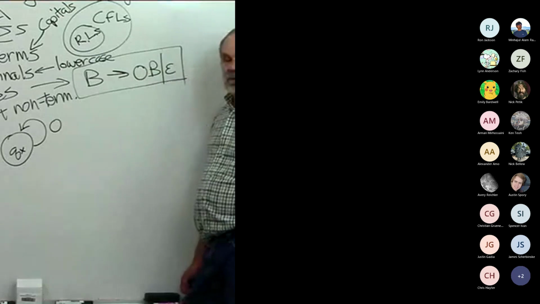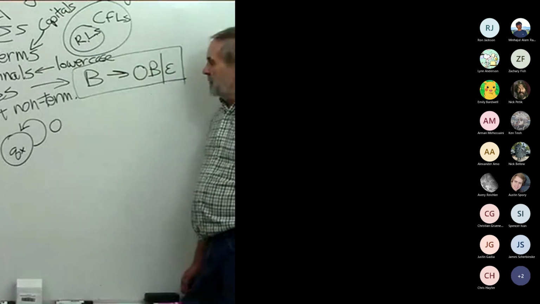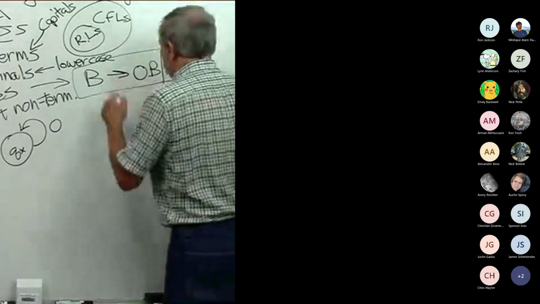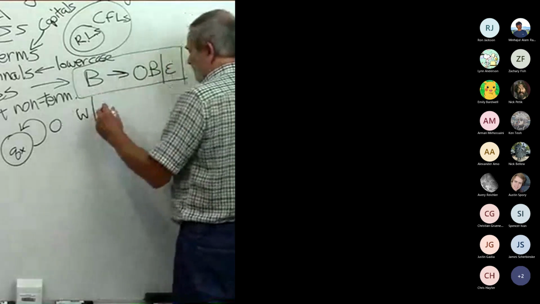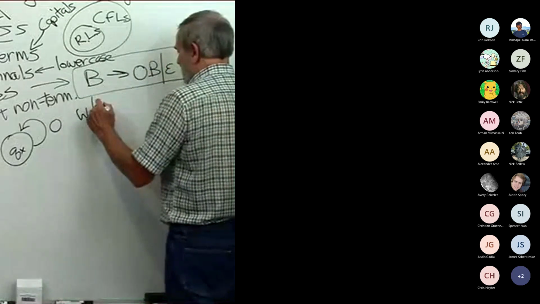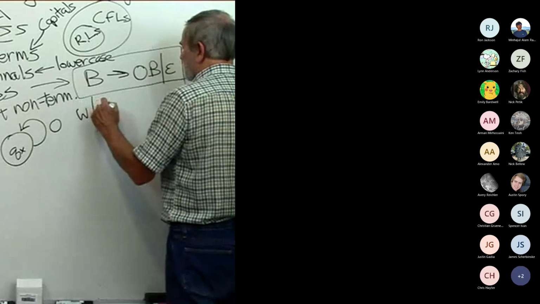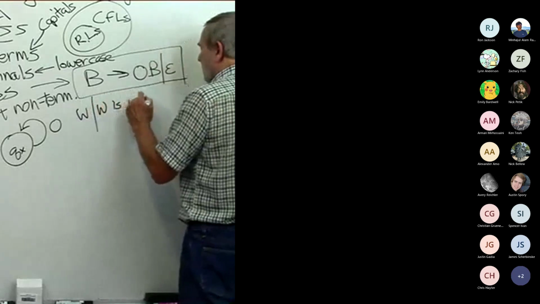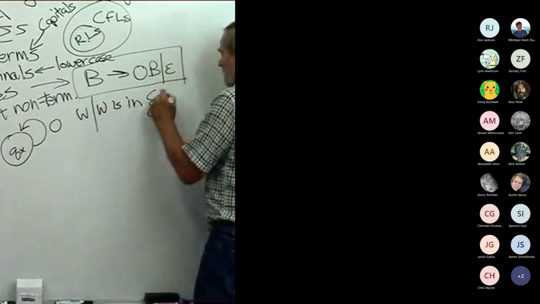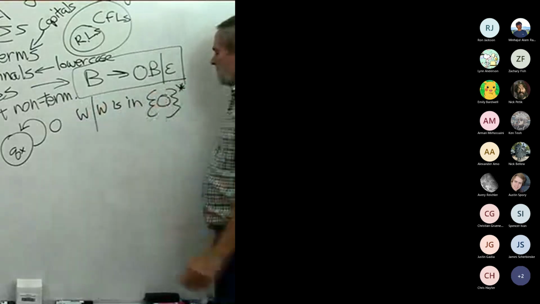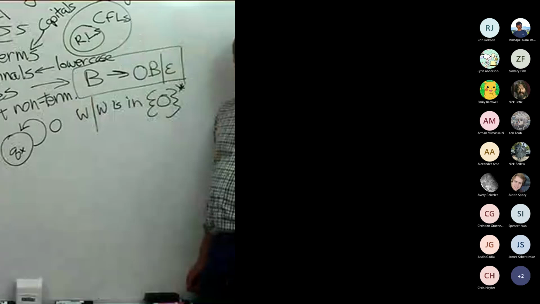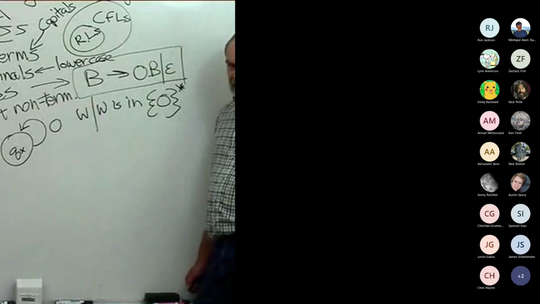The empty string would be in the language. And I could generate w such that w is in the closure of the set 0, meaning as many zeros as I want, including none of them.